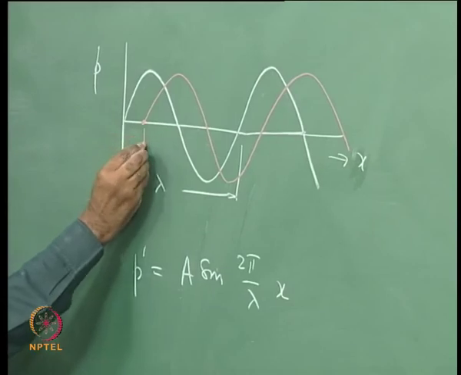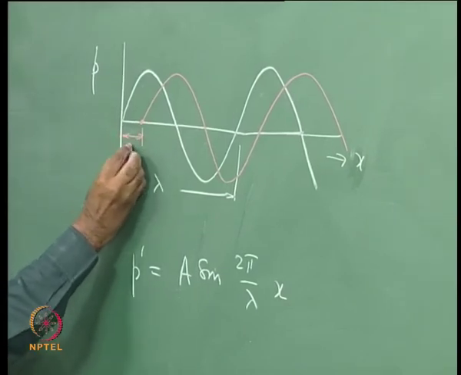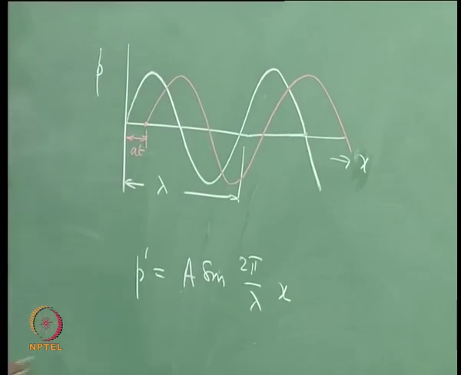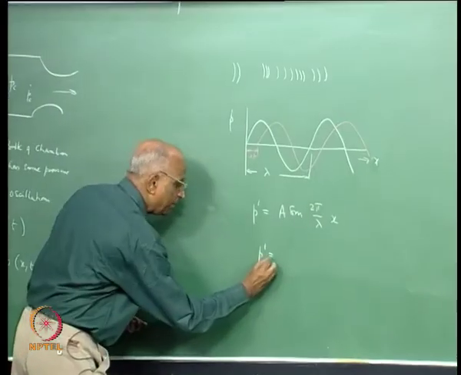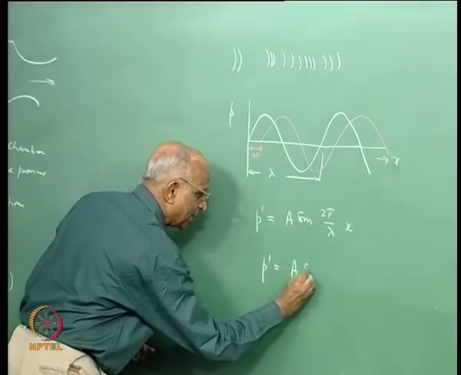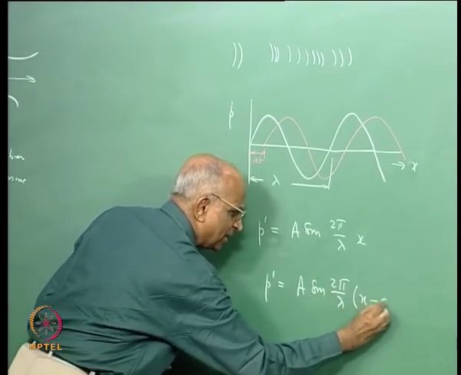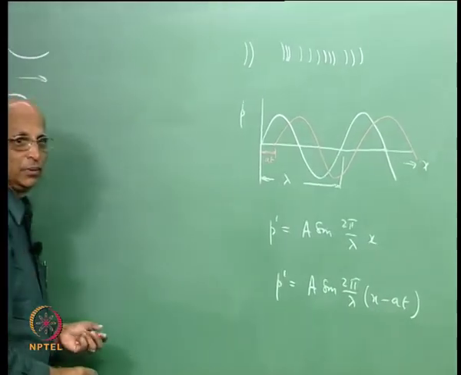That means over a time t, the wave would have moved a distance a t, where a is the velocity of sound. If that is the case, the equation to a travelling wave should be P prime is equal to A sine 2 pi by lambda into x minus a t, right.